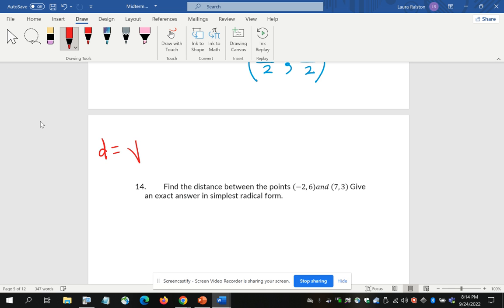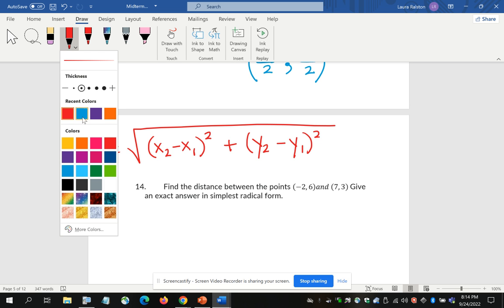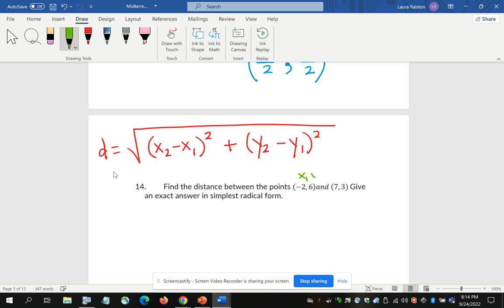Distance is the square root of x2 minus x1 quantity squared plus y2 minus y1 quantity squared. Again, your x1, y1 correspond to the ordered pairs. You have your first pair, you have your second pair.